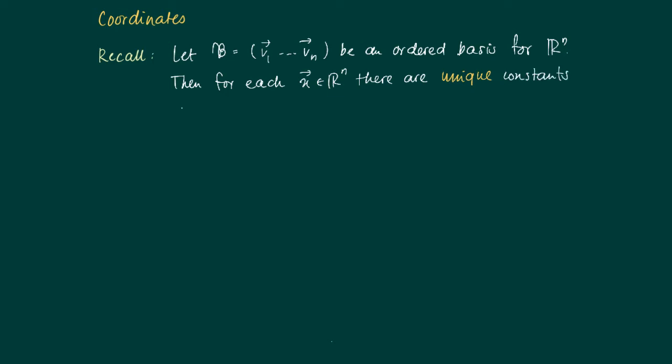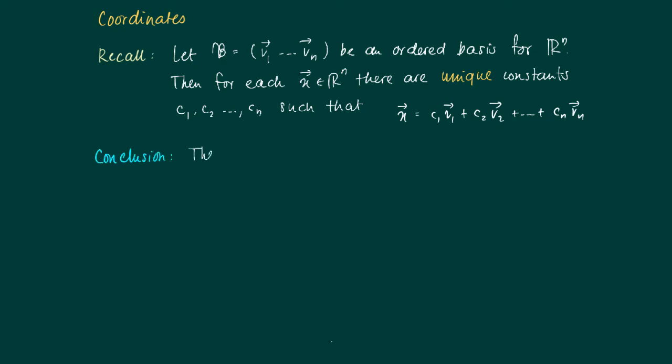So for each x in Rn there are unique constants c1, c2, up to cn such that x equals the sum of c1 v1 plus c2 v2, etc., plus cn vn.